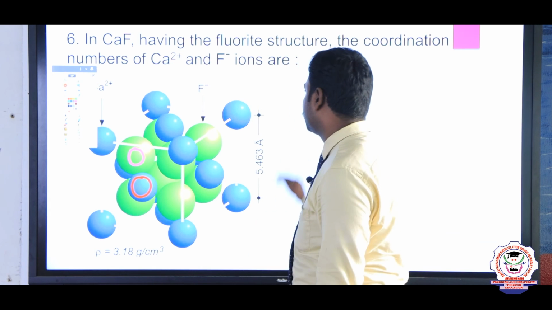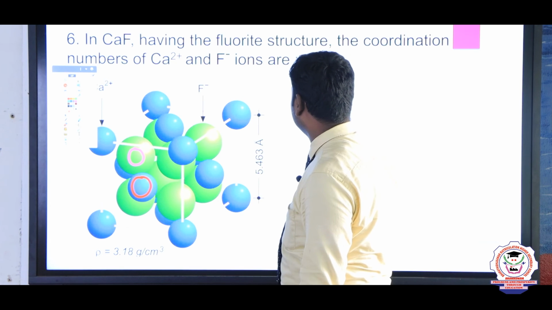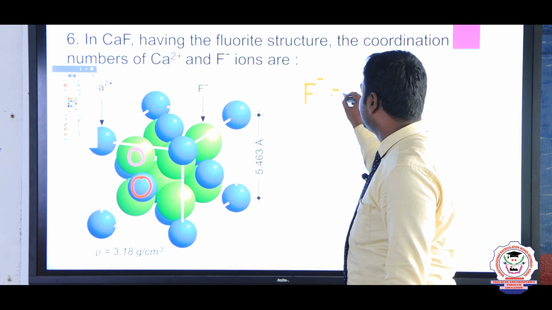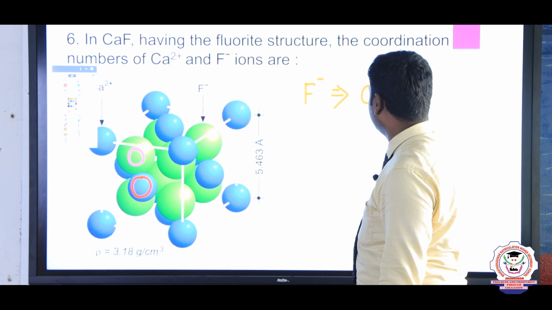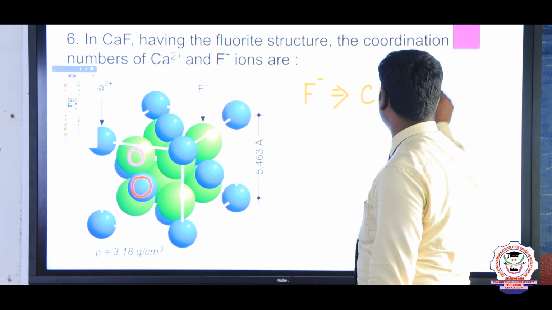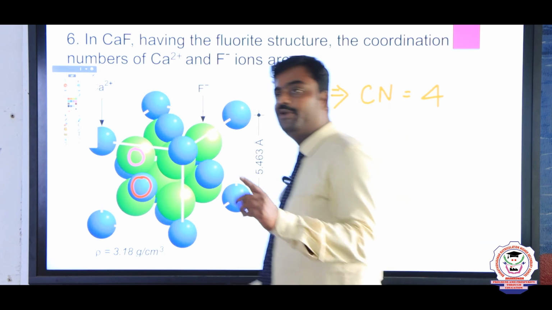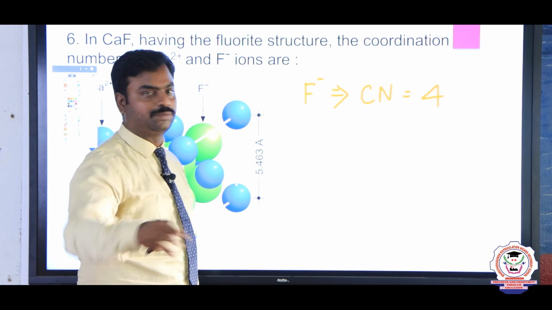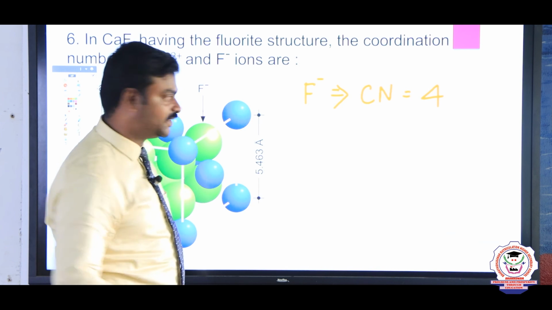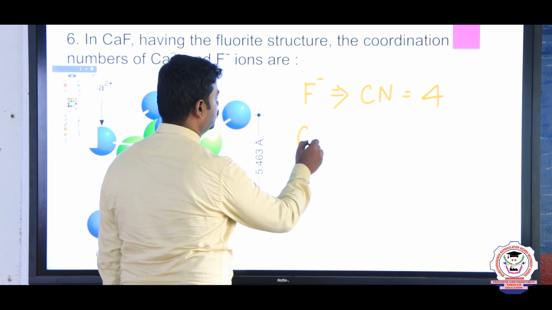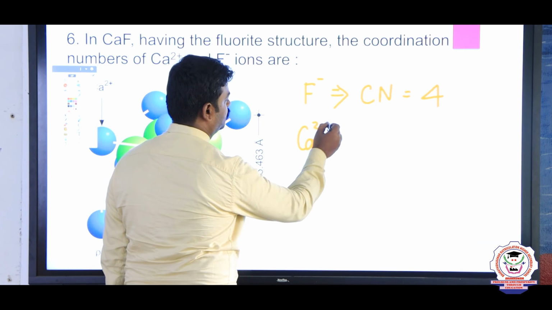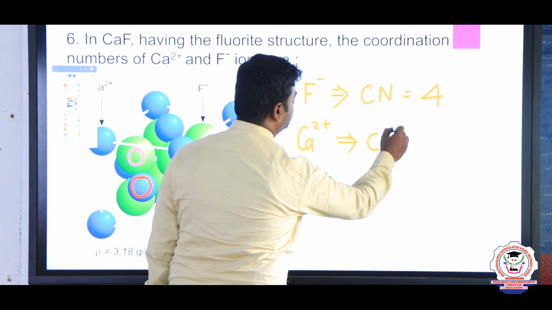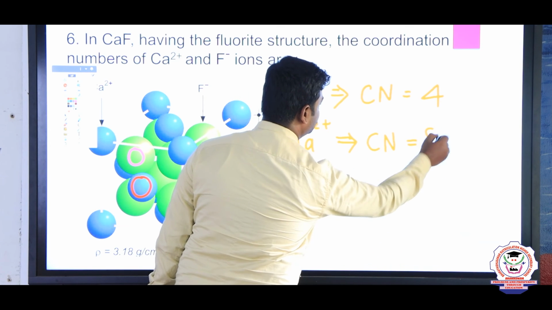So the coordination number of fluoride minus is equal to 4, because each fluoride ion is touching 4 different calcium 2 plus ions. What about the calcium 2 plus ion? The coordination number is equal to 8.